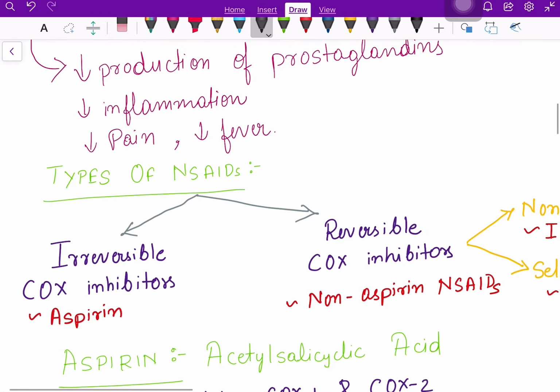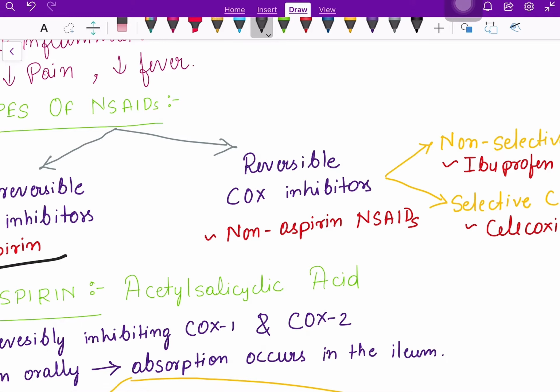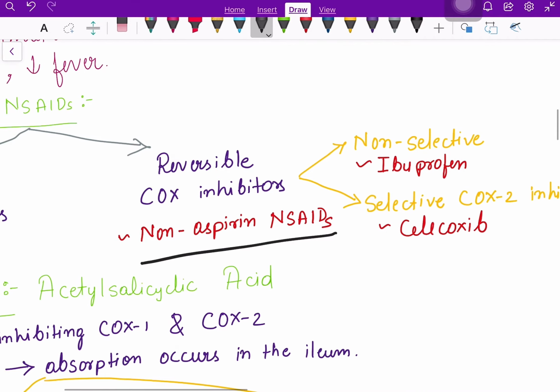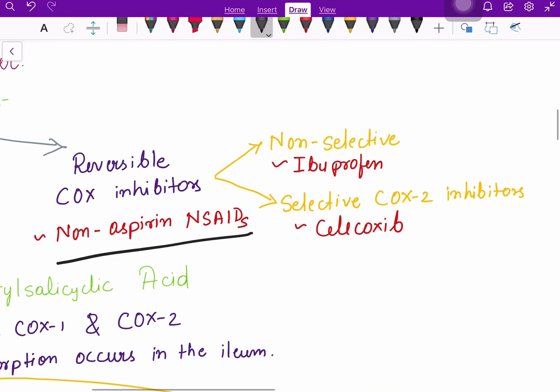The types of NSAIDs can be divided into irreversible and reversible. Irreversible COX inhibitors are like aspirin, and reversible COX inhibitors are like non-aspirin NSAIDs. Again, reversible COX inhibitors can be divided into non-selective and selective.